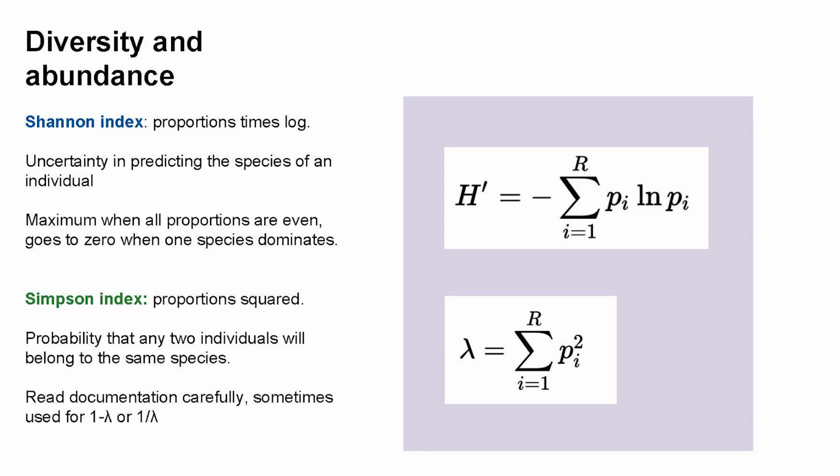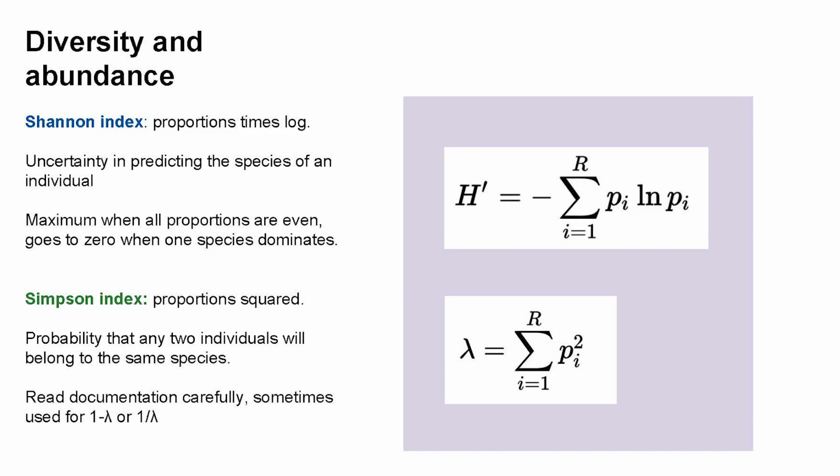So you take your proportions and you multiply them by their log, and then logs are always negative for proportions, so we put a negative sign out front so we don't get a negative number. So that's how you get it. What does it mean? It's at a maximum when all the proportions are even. So if you have 4 organisms, if they're all at 25%, then you've maximized this. If you have only 1 organism, this goes to 0.